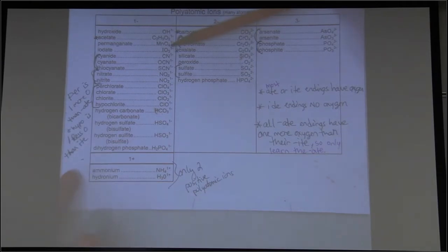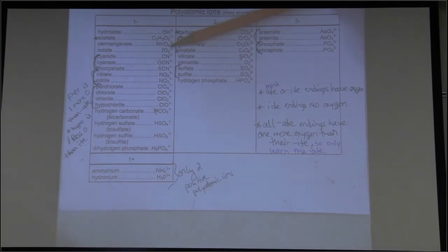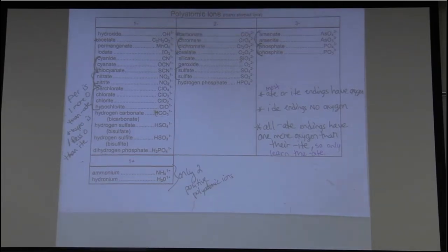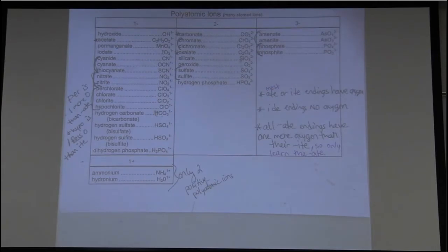What would manganite be? MnO2 negative 1. Hypomanganite would be MnO negative 1. Okay? So you realize all of those going down through there. Does that make sense? So there may be some on Sapling, may not be any that are different than these, but if there are, knowing these rules, you should be able to figure that out.